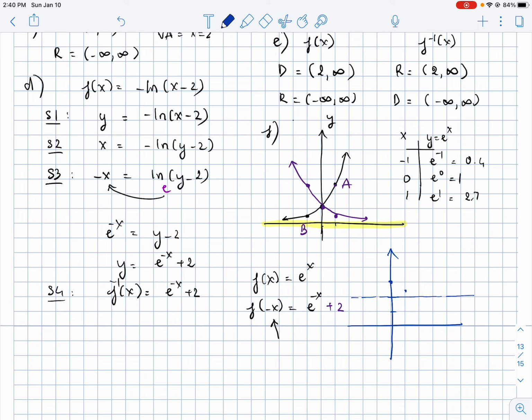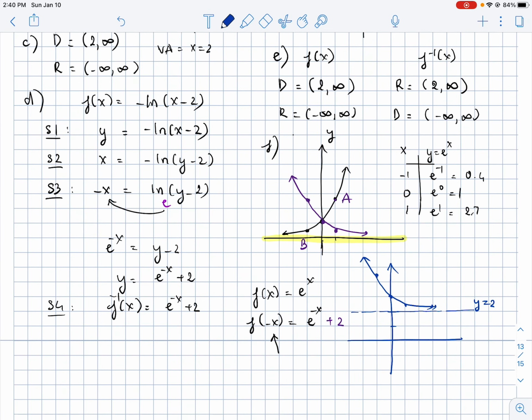And then you just copy the points. So from this graph, you can see that the domain is all real numbers, which we set in part E. And then the range is from 2 to infinity.